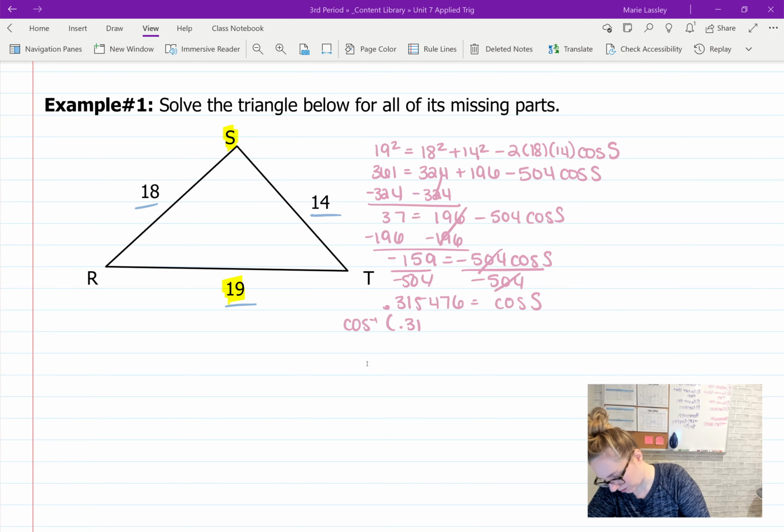That's going to give me S equals 71.6. Now with angles, we want to round to the nearest degree. It's awkward to have an angle be a decimal, so we're going to say that this is 72 degrees.